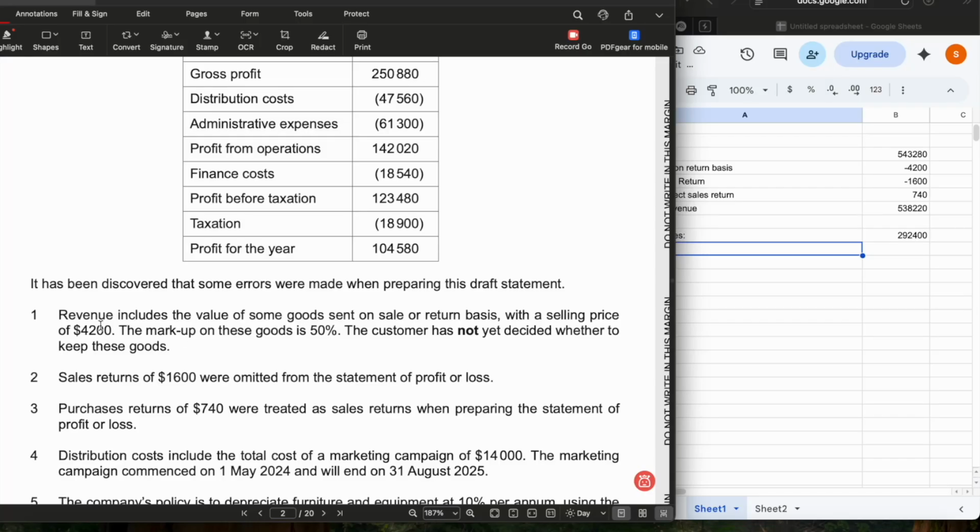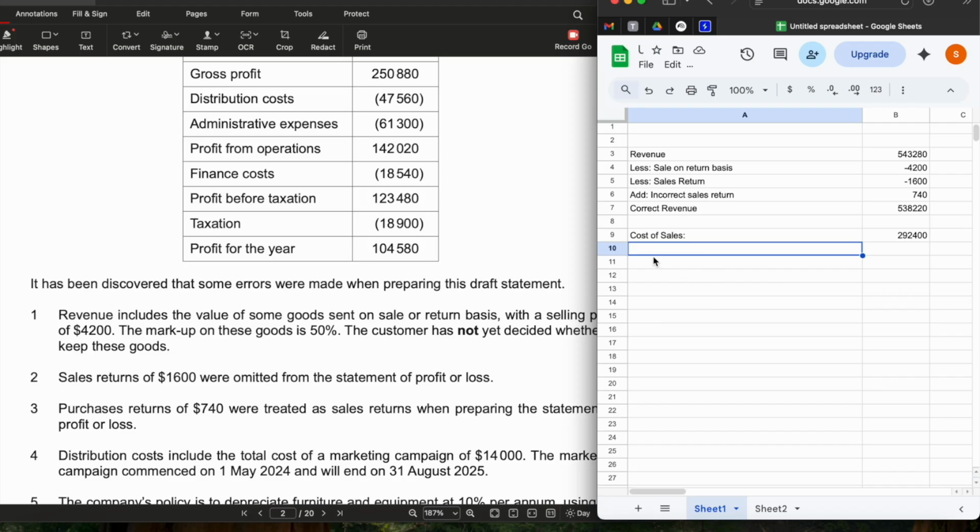This is the sales price given, and there's a markup of 50%. So what we need to do is convert this markup into margin, because in order to calculate profit included in revenue, we need margin. So markup to margin: it is 50%, so 100 plus 50.